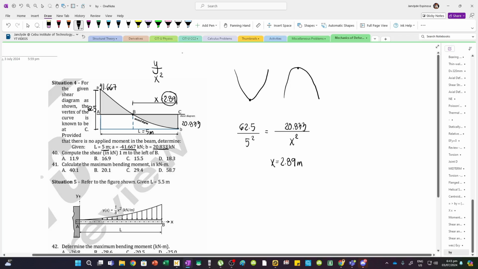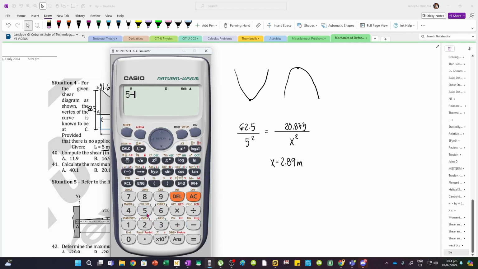If this is 2.89, then this distance must be 5 minus 2.89, so we have 2.11.